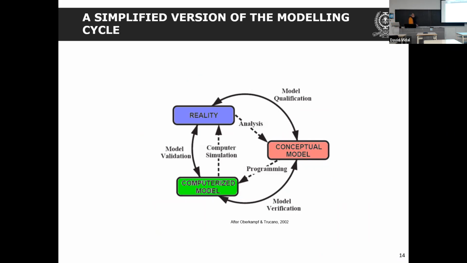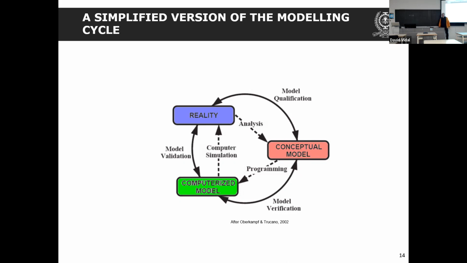So you see from reality, you come back to a conceptual model, which is basically the mathematical model. Then you do some programming, and then you get some numerical model or computerized model. And then eventually you need to verify that this actual numerical model is solving the mathematical model it is supposed to solve.